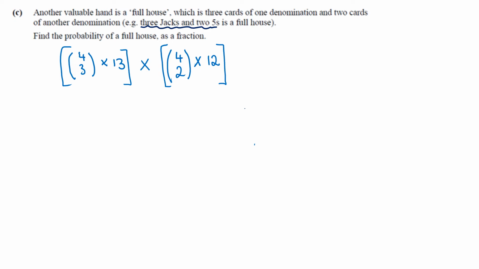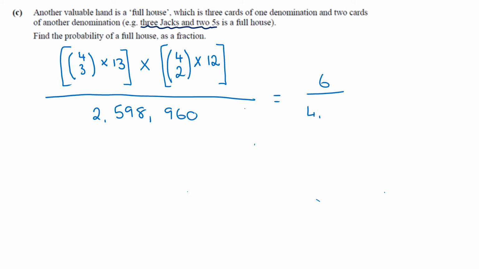So that's how many ways it can work. And then that is all going to go over the total number of hands. And that's 2,598,960. And when you simplify that down, we should get 6 over 4,165.